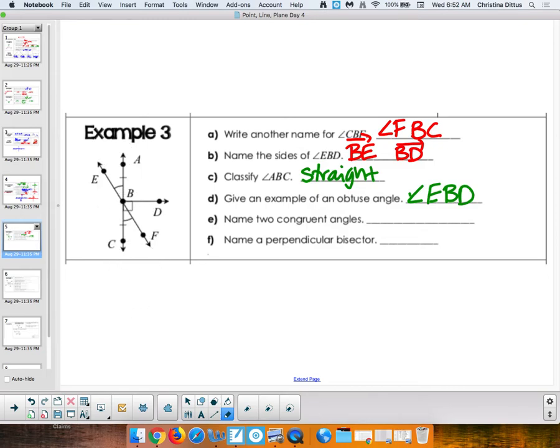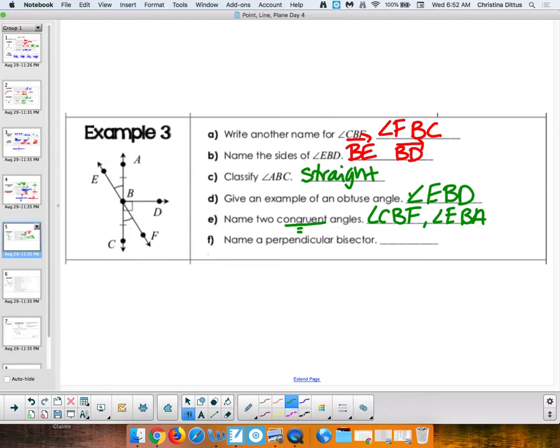Two congruent angles. Congruent meaning that they are the same, they're equal. I have these little arcs that mean they're equal, so I'm going to use those two angles. This one I got CBF. And then this angle here I'm going to call angle EBA. Make sure your vertex is in the middle.